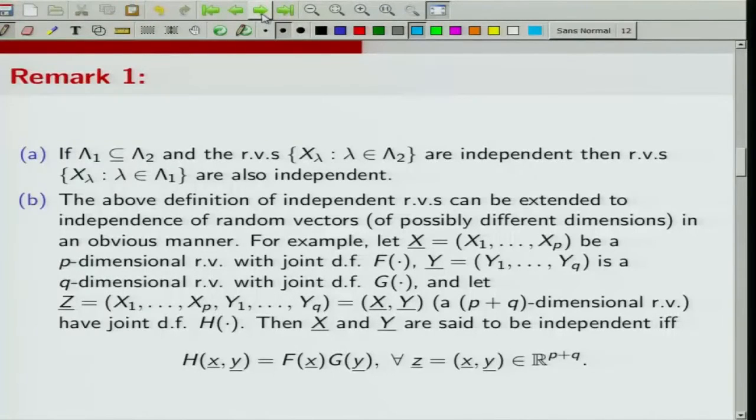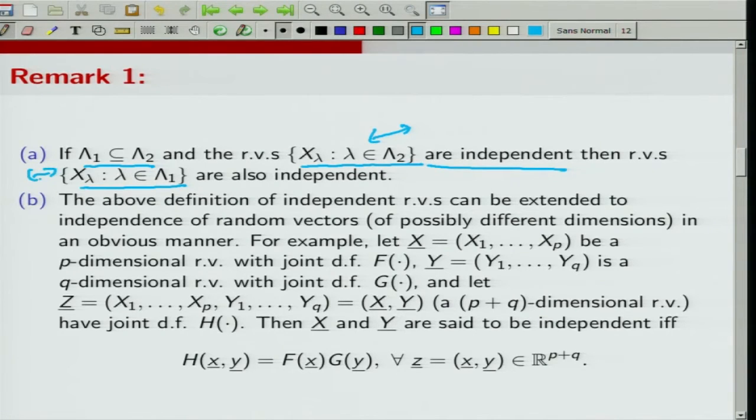So, a few quick observations. Suppose Lambda1 is a subset of Lambda2, where Lambda1 and Lambda2 are index sets. If X_lambda, lambda belonging to Lambda2, are independent, then X_lambda, lambda belonging to Lambda1, are also independent. Note that this would be a larger family of random variables, and this a smaller family.